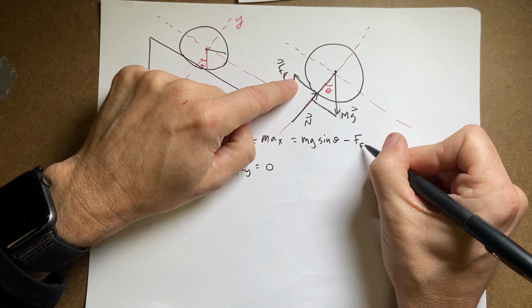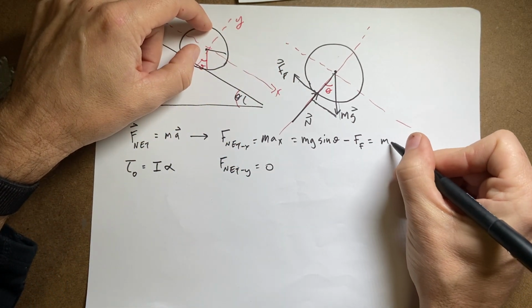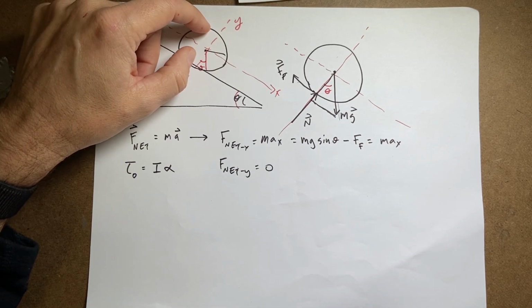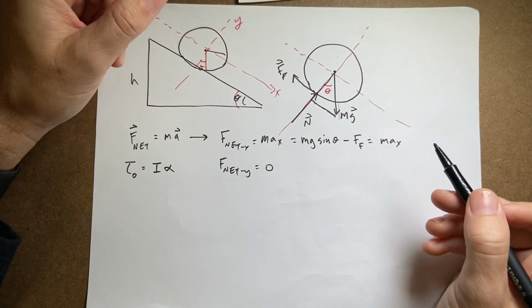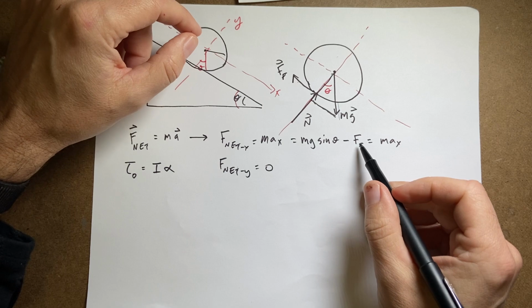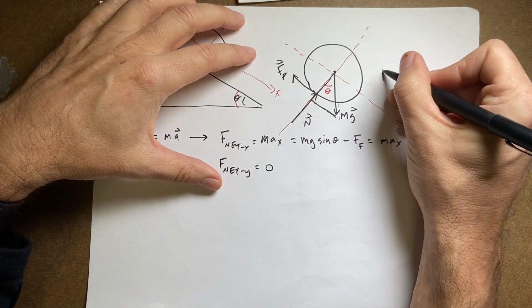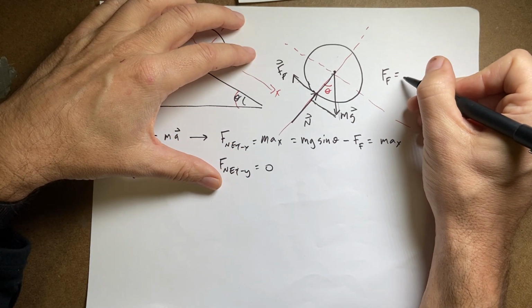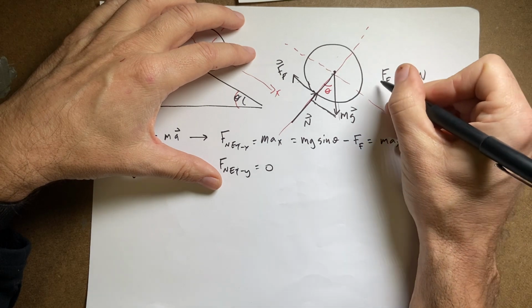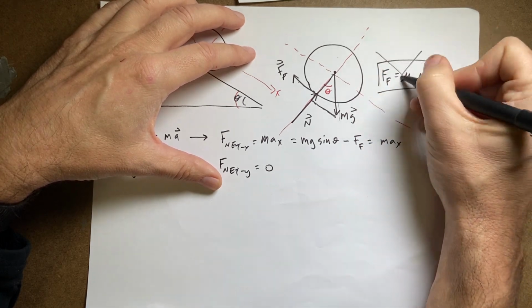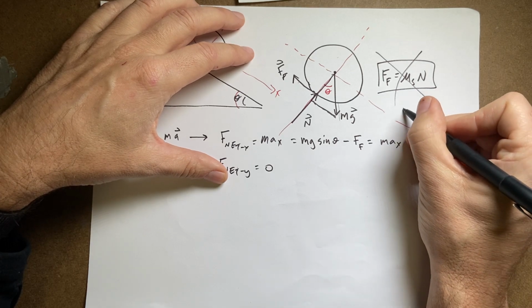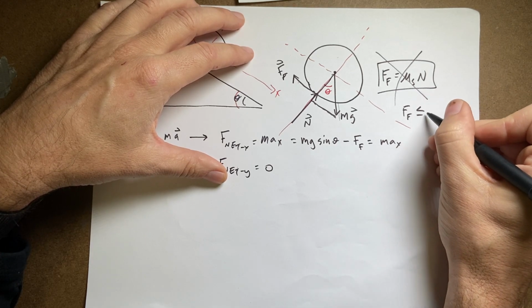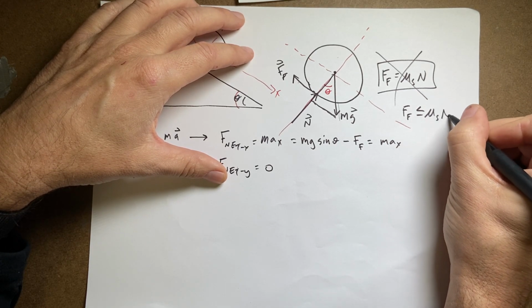F friction equals max. So what's the acceleration? Well, I don't actually know because I don't know the frictional force. Now, you may be tempted to say, oh, the frictional force is equal to the coefficient of static friction times the normal force. That is not true. Technically, it's less than or equal to the coefficient of friction times the normal force.